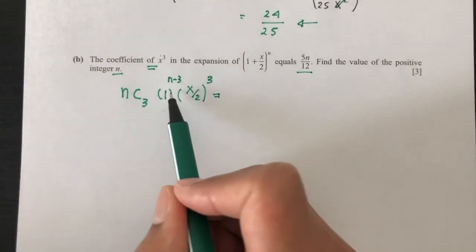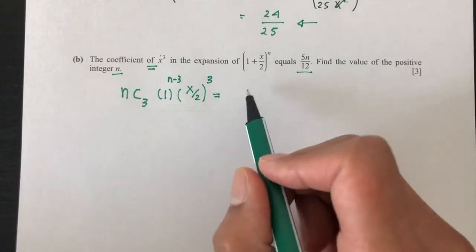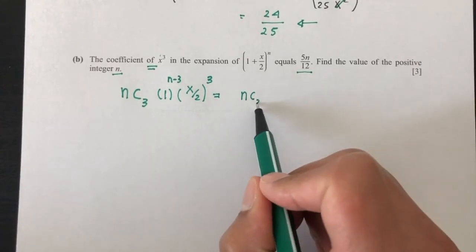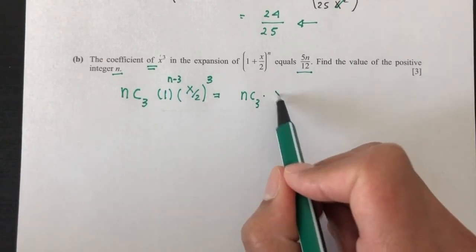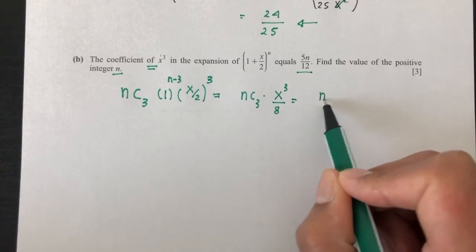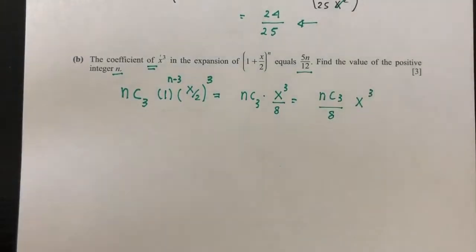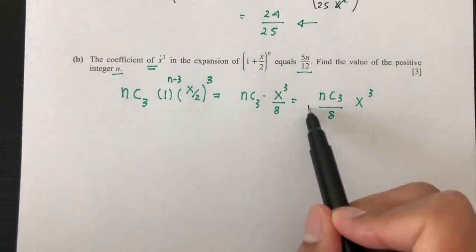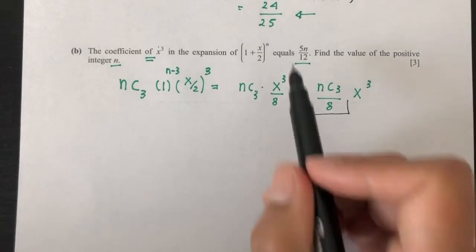Now we know that 1 power anything is 1 anyway, so we can just ignore that. You will have n choose 3, 1 is just 1, that's okay. Here you will have x power 3 over 8. So you will have n choose 3 over 8 x power 3. This will be the coefficient of x cubed, and this is equal to this.